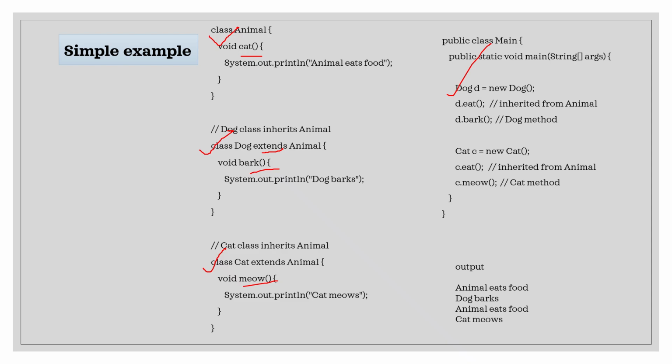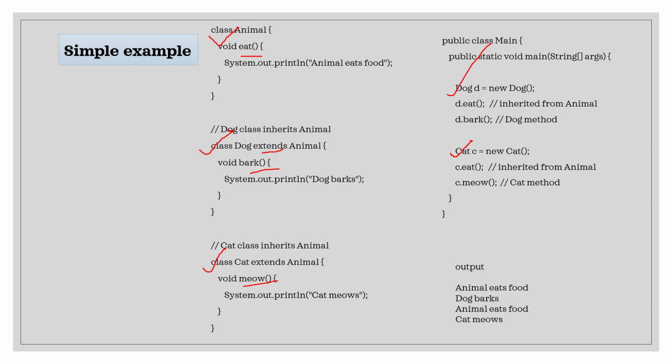After that, an object c of the cat class is created. Using this object, program calls eat method and also meow method. Eat method is from parent class and meow method is from child class, which is cat class.